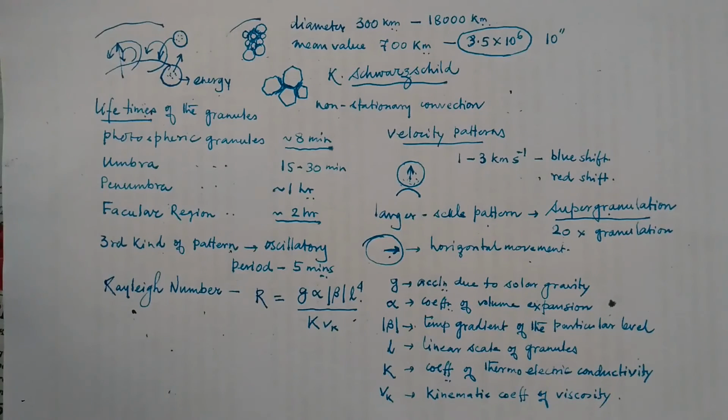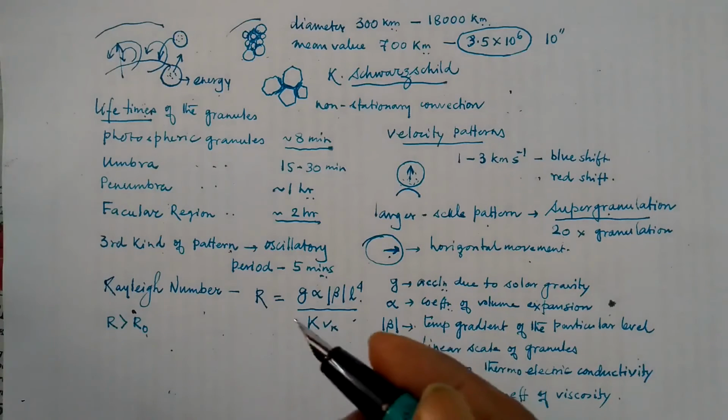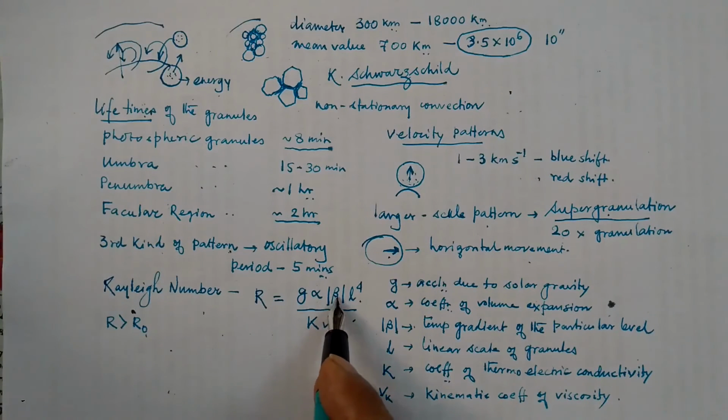This is how we calculate the Rayleigh number. And we say that when R exceeds some critical value R0, the convection starts. Now R can be increased by slowly increasing this beta. So we slowly increase the temperature gradient and then R can be increased.